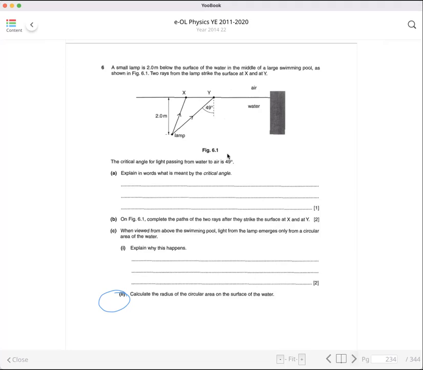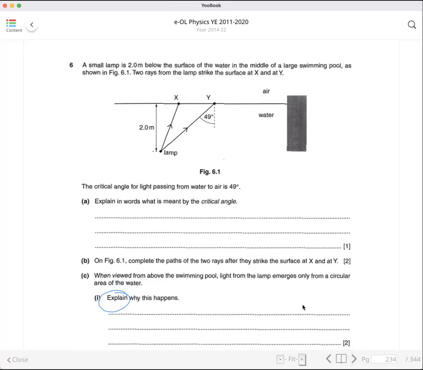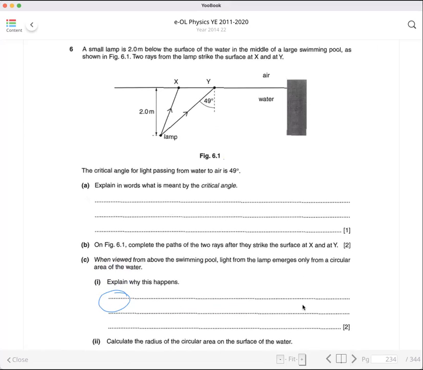Hold on, let me make it bigger. The question says that the critical angle is 49 degree. So any angle above 49 degree, let's say this 60 degree, all the light will undergo total internal reflection. Bei Guan, are you clear?